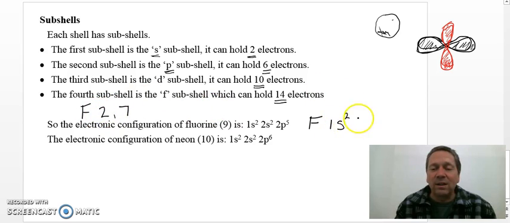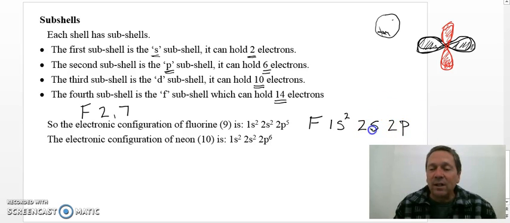This is the same thing, but in a different form. The second shell has got 2 subshells. It's got the S and it's got the P subshell. So this is the second shell with the S subshell and the second shell with the P subshell.